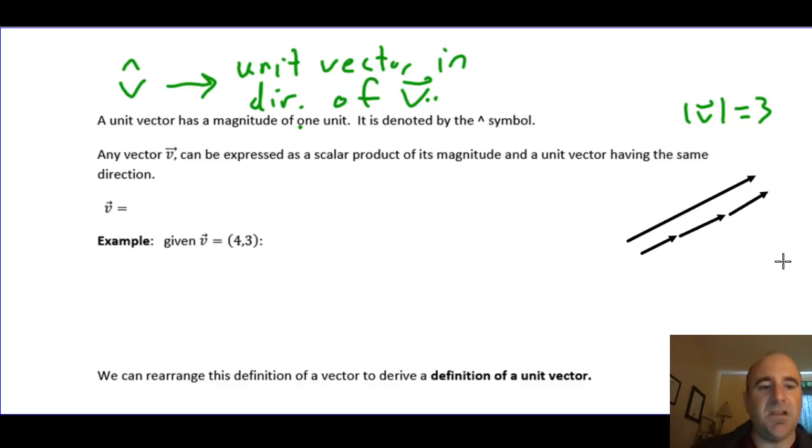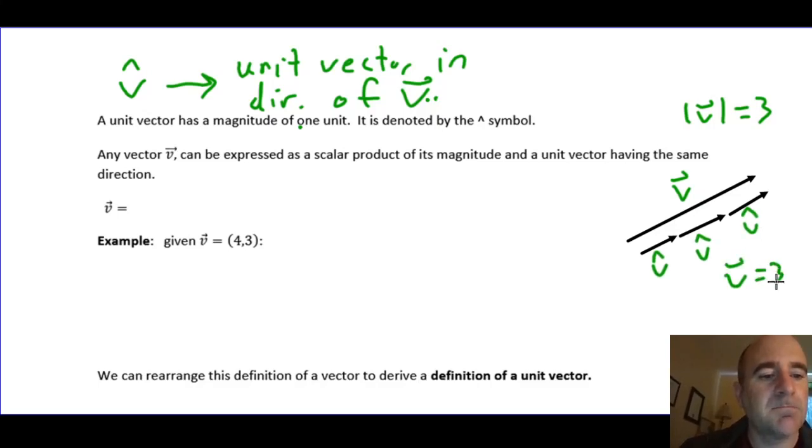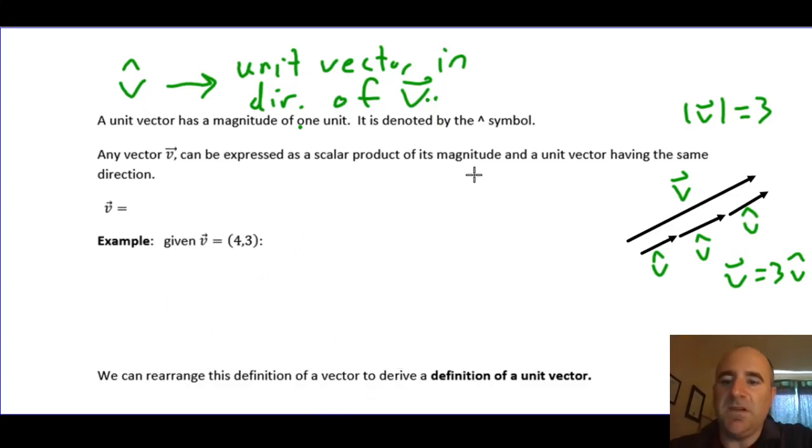That vector V is really just 3 times a unit vector in the same direction as V. In general, we can say that V is really the product of its magnitude times a unit vector in the same direction as V.